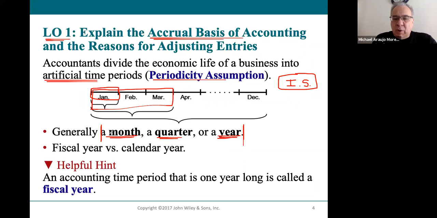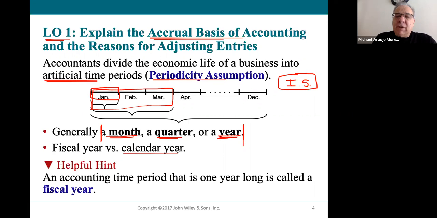Businesses have to record things. Specifically on the income statement, we're recording revenue and expenses, yes? And so we are measuring our profits monthly, quarterly, and annually, but we have to keep the records separate. So let's say we use a calendar year, which is basically January the 1st through December 31st.